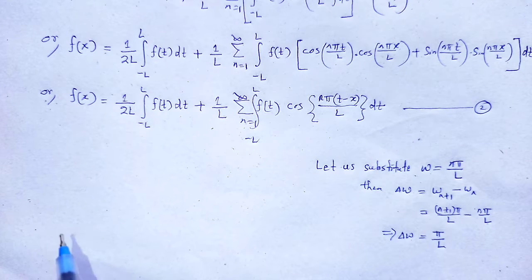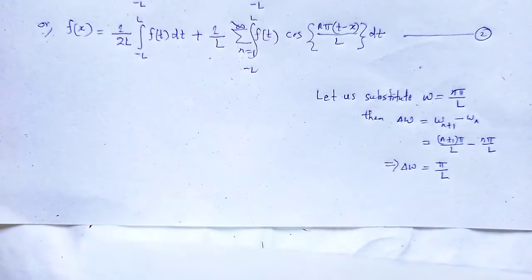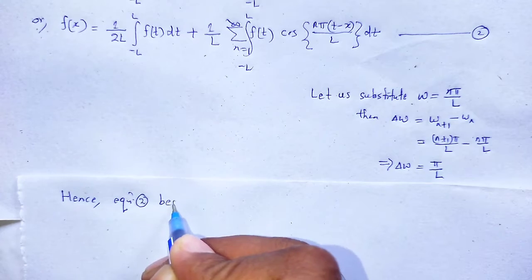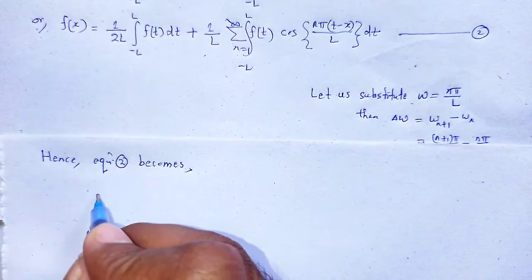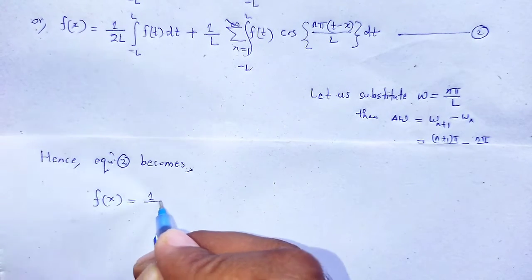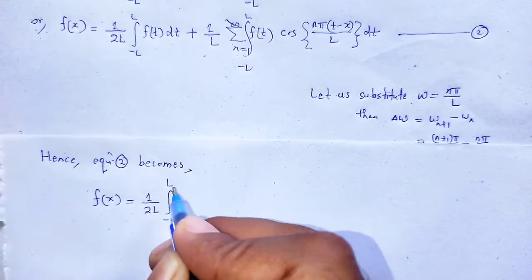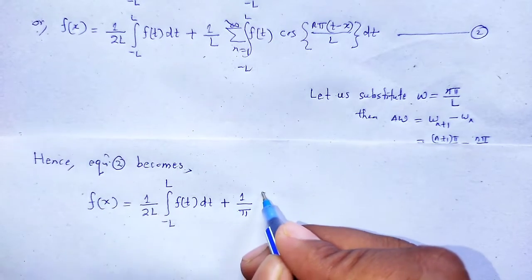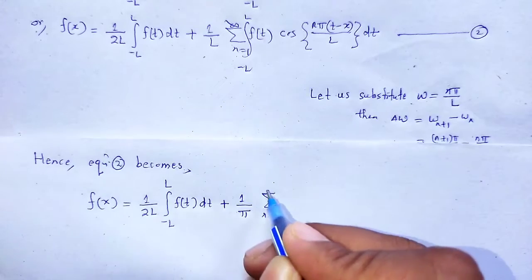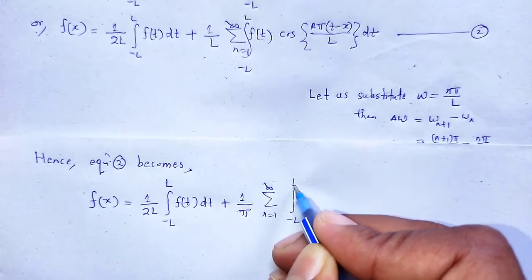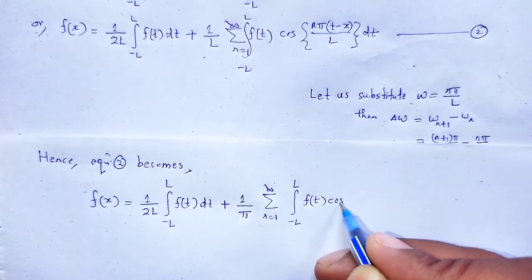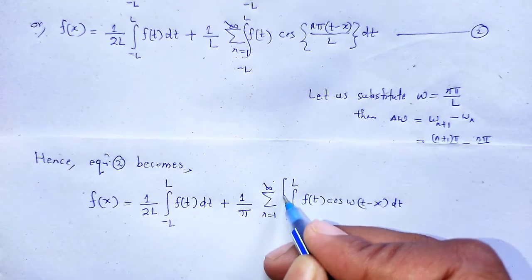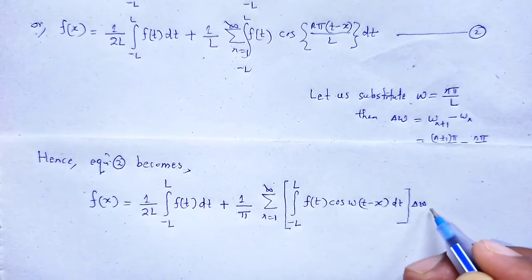Hence, equation 2 becomes f of x is equal to 1 divided by 2L integration from minus L to plus L f of t dt plus 1 by pi summation over n is equal to 1 to infinity integration over minus L to plus L f of t cos omega t minus x dt del omega.